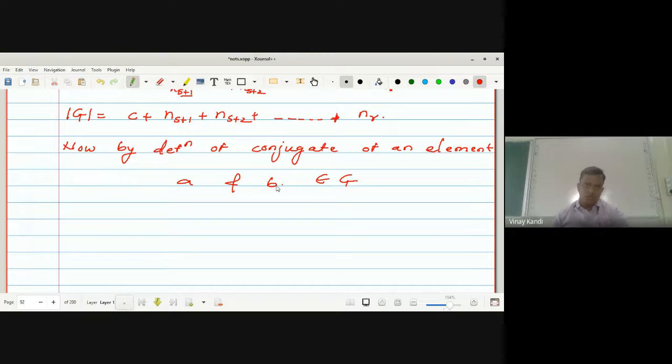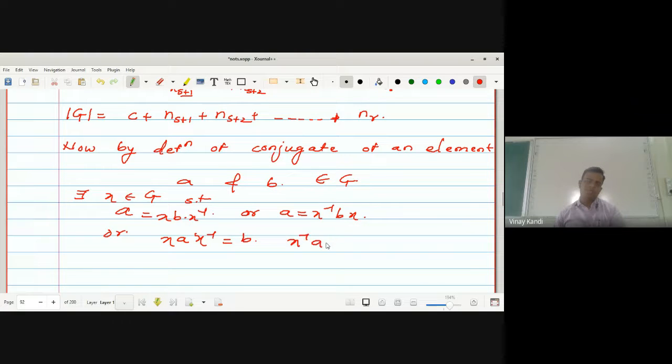When are two elements conjugate to each other? There exists an element x belongs to G such that A is equal to x b x inverse, or A is equal to x inverse b x, either condition works. By pre-multiplying or post-multiplying, x a x inverse is equal to b or x inverse a x is equal to b, any such condition is fine.